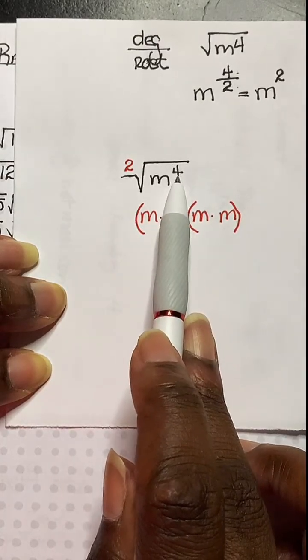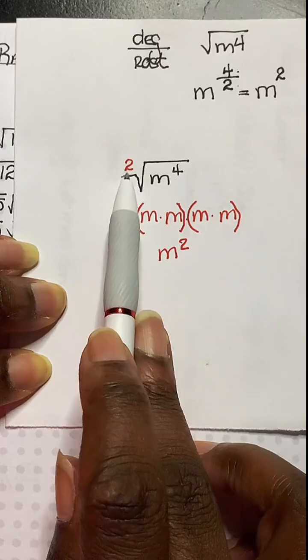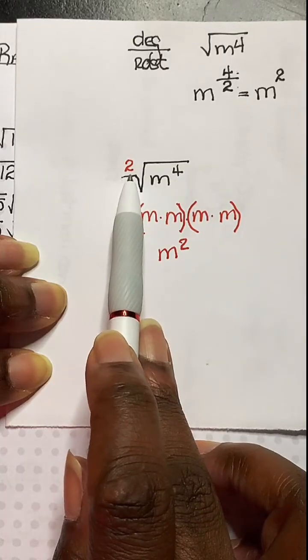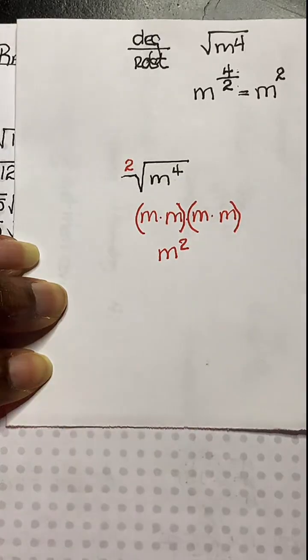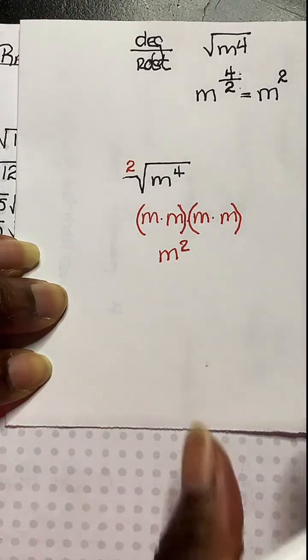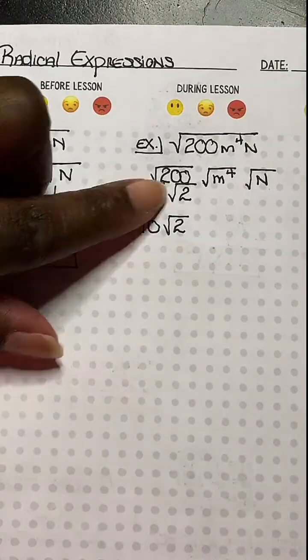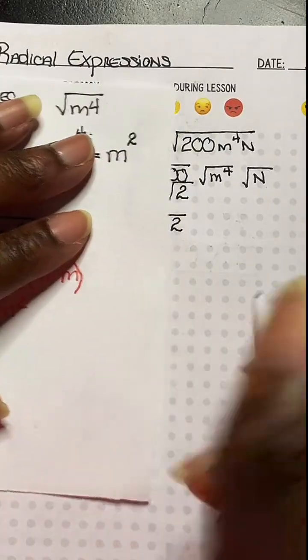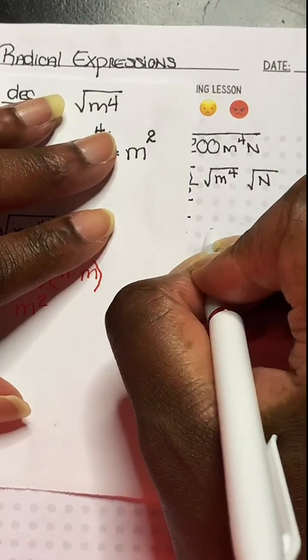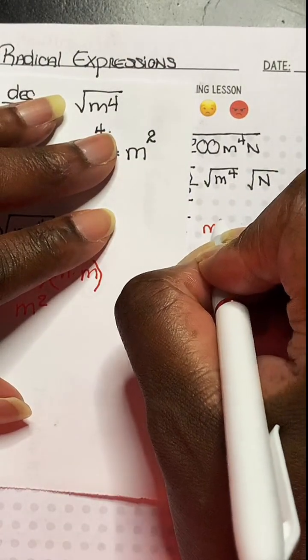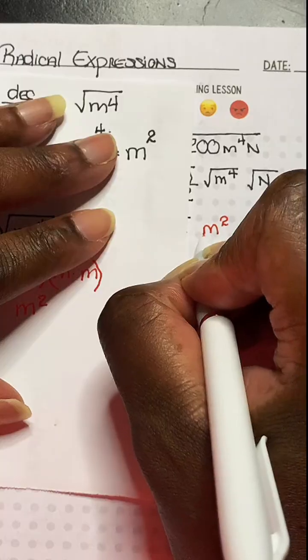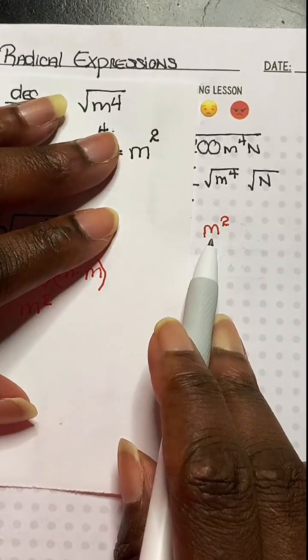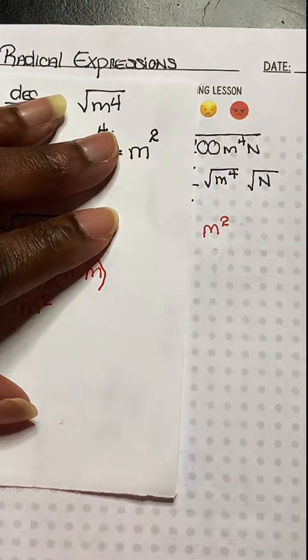Especially if it's an even exponent and it's an even root, you can just do that. All right. So to come back to this, I'm going to bring it down to here. This is coming out of the radical because I have an even number that's going to break down that radical.